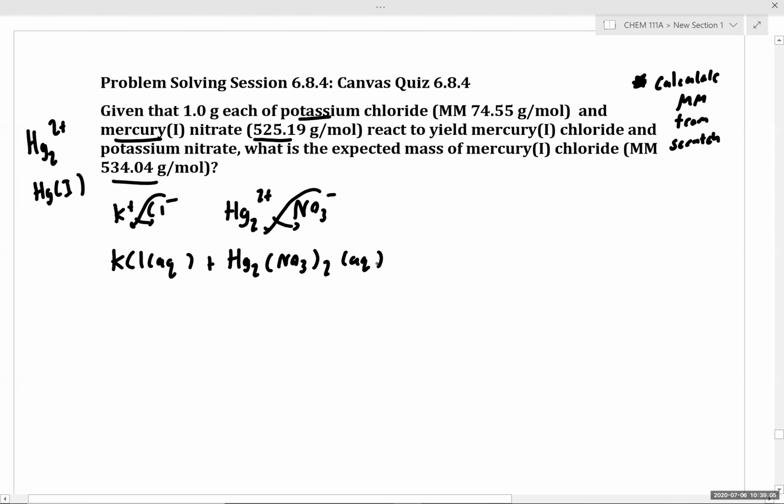And you can prove this to yourself if you try calculating the molar mass. So let's do just that.